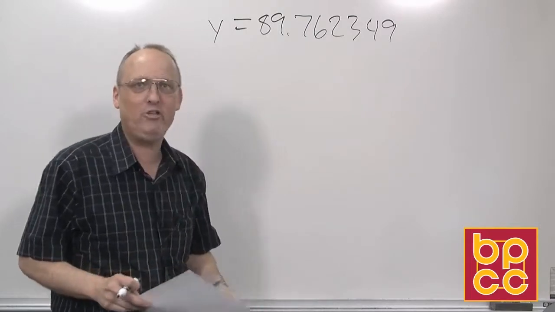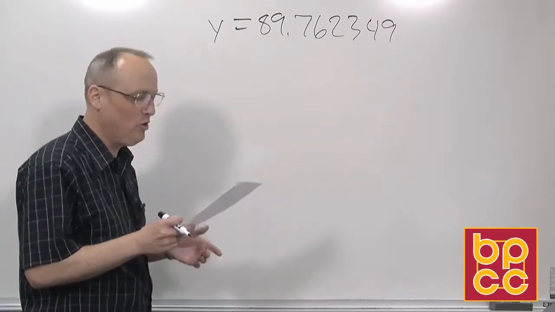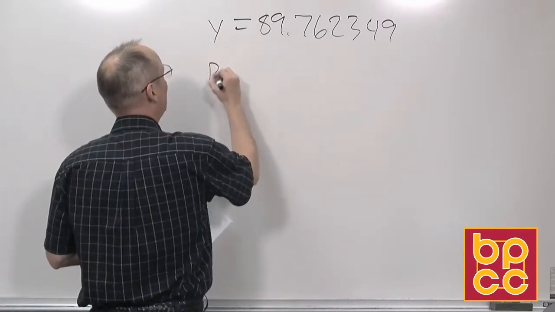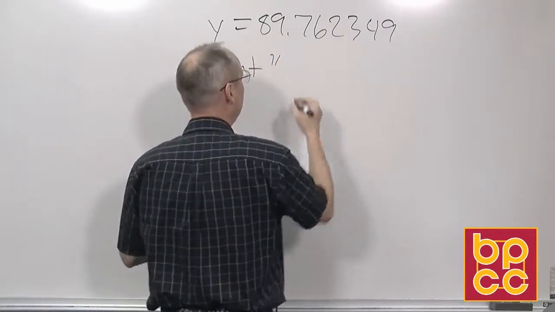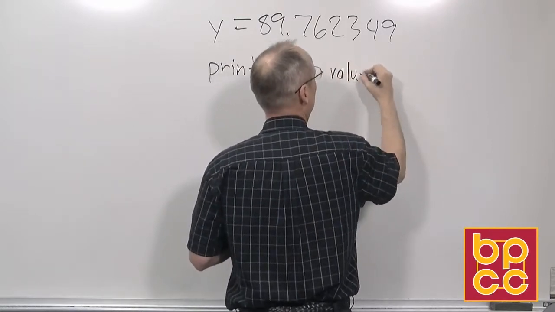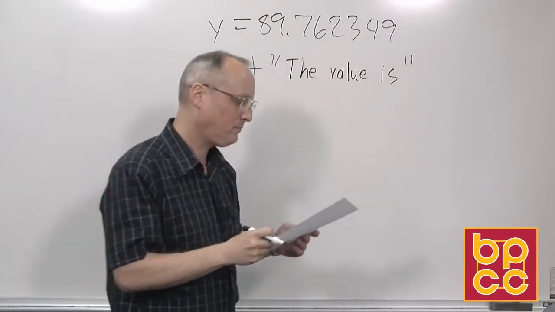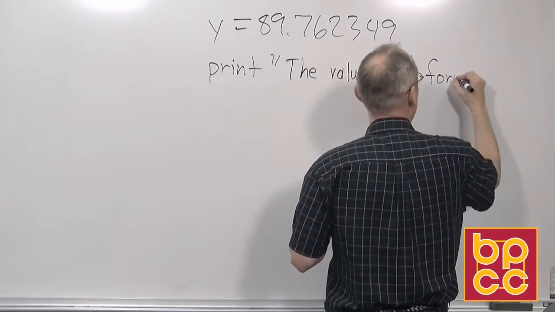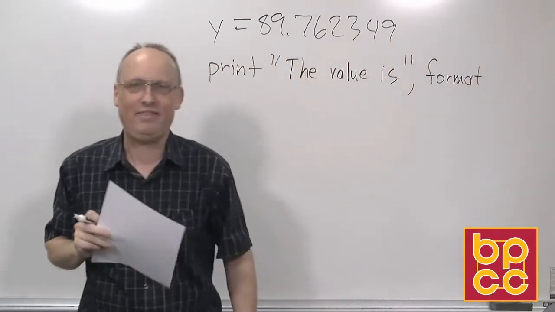To do that, you're going to have to do some sort of format operation on this value in order to get the result you want. For instance, it would be something like print the value is. Then we will do a format command at the end.